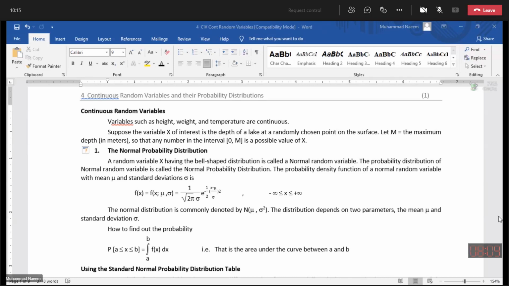Normal probability distribution having its curve normal and symmetrical, as we have discussed in our first chapter.